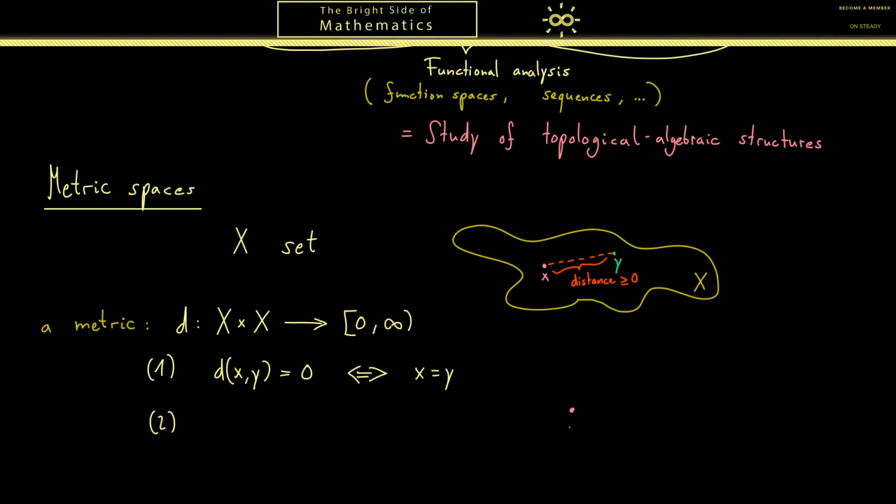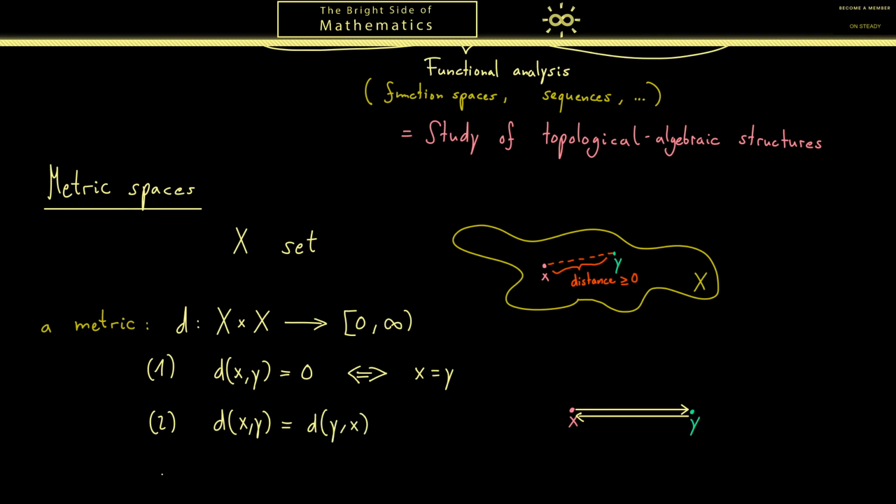If we look again at 2 points, x and y, and now we measure the distance from x to y, this should be the same as starting at y and going to x. So the distance from y to x should be the same as the distance from x to y. This means the map is symmetric. It does not matter which is the first and which is the second element. You get the same result.